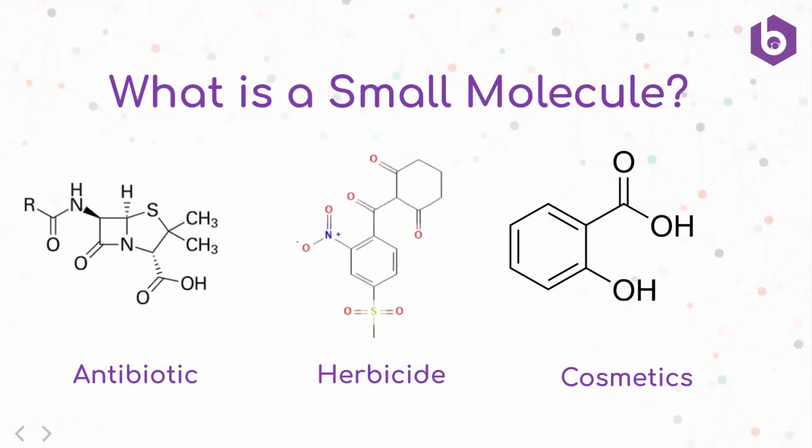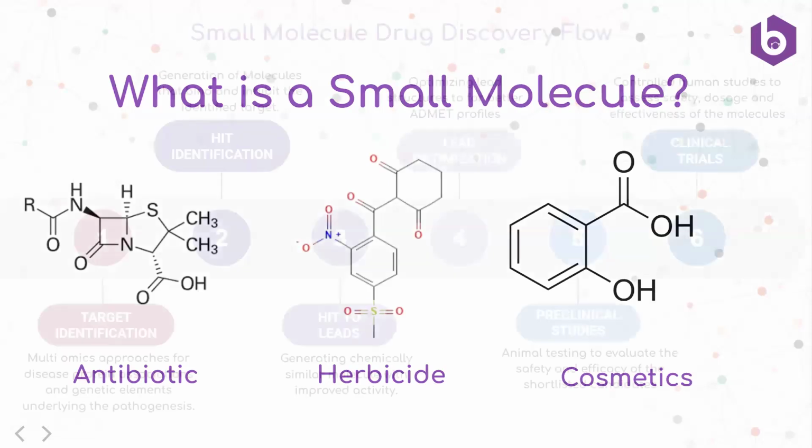In all these fields, you have small molecules playing a role. So if small molecules are so widely present in our day-to-day activities, how are small molecules discovered or designed?